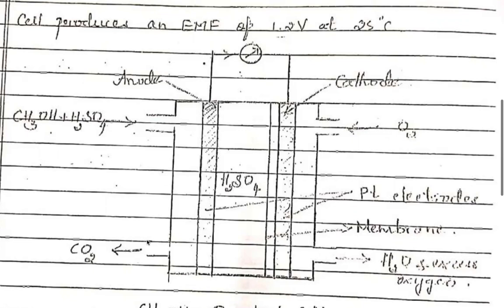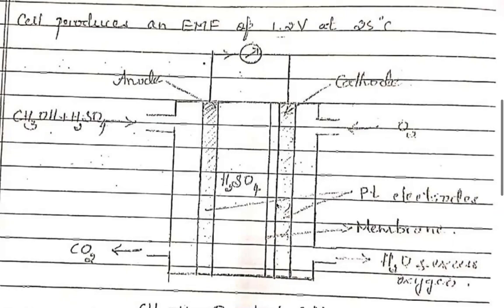And what is the advantage of using sulfuric acid as the electrolyte? Carbon dioxide, which is a byproduct, will not at all react with the acid, and hence it can be easily removed from the system. So this is the reason.